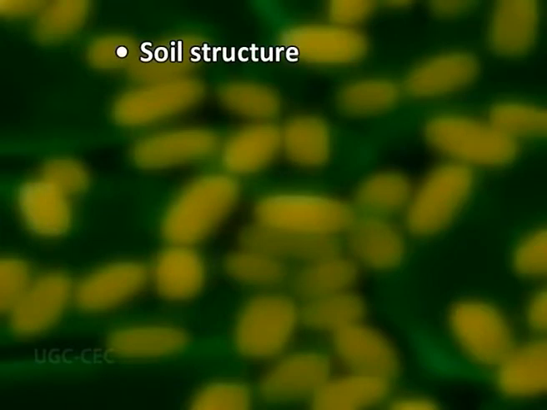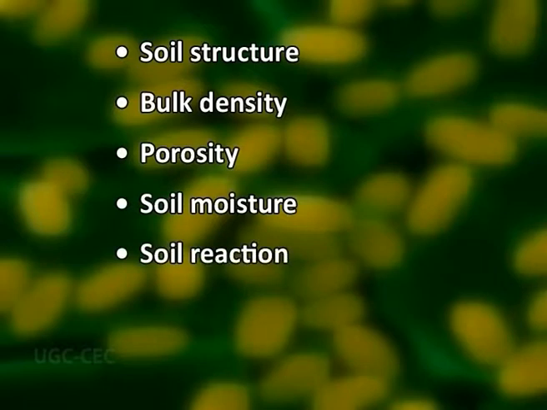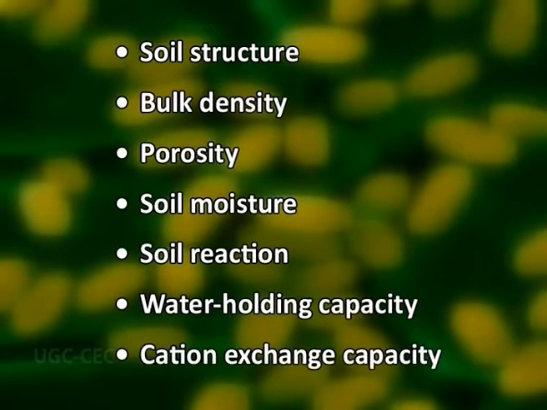Bacteria play an important role in soil development and humus formation, and thus affect soil properties such as soil structure, bulk density, porosity of soil, soil moisture, soil reaction, water holding capacity, cation exchange capacity, and other soil properties in a positive way. These optimal properties leave soils conducive for cultivation and farming.